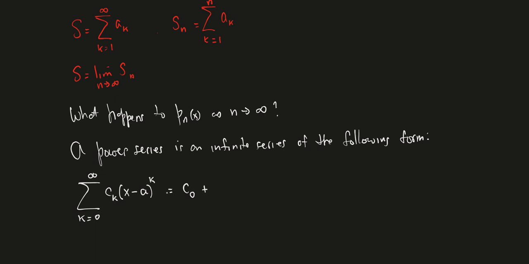The next term is when k is equal to 1, so you'd have c sub 1 times x minus a to the first power. I'm not going to write the 1 there. And then it just continues: c2 times x minus a squared, and then c3 times x minus a cubed, and so on.